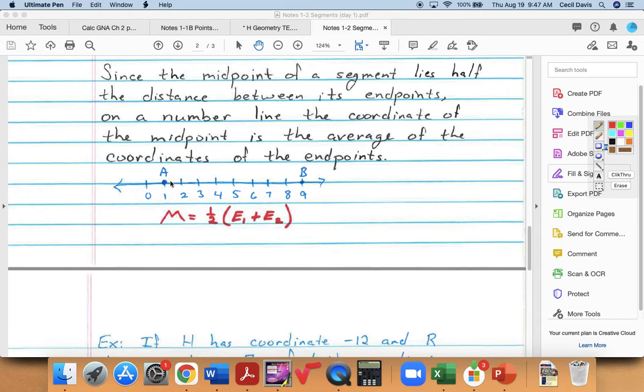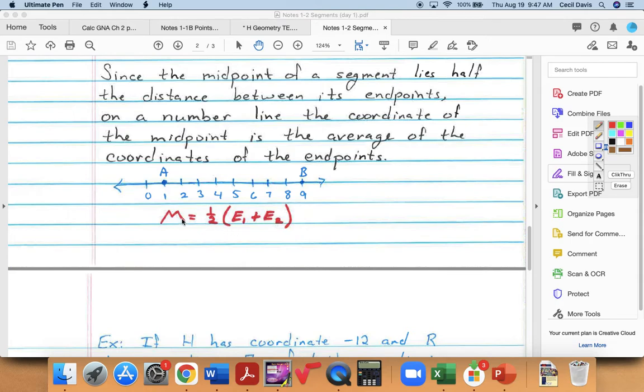So if I'm talking about segment AB, halfway between them, I could count all the way, cut it in half, and then count from one side or the other. But, especially if it's not on a number line, an easier way is simply to average the two endpoints.